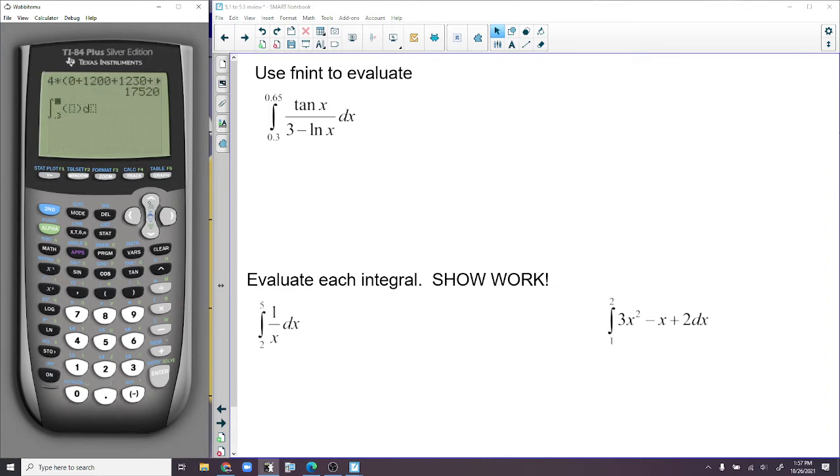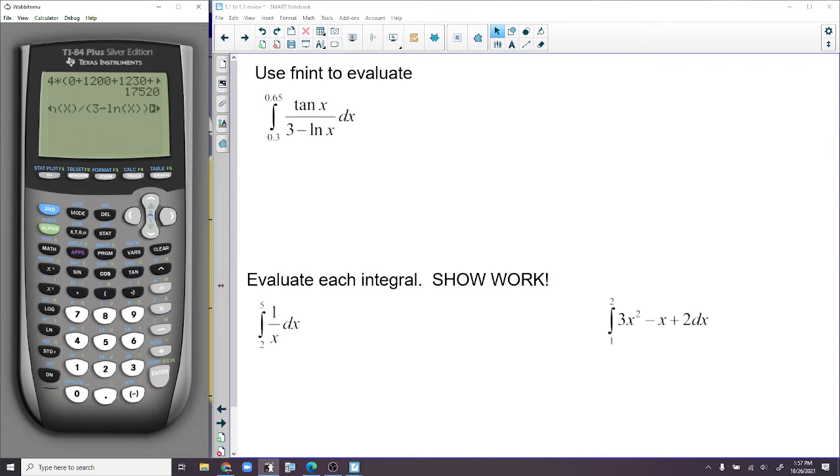Make sure you're in radians, especially if you are taking physics this year. Physics does everything in degrees. We do everything in radians, unfortunately. I wish we were doing the same thing, but we're not. Tangent of x divided by 3 minus natural log of x.